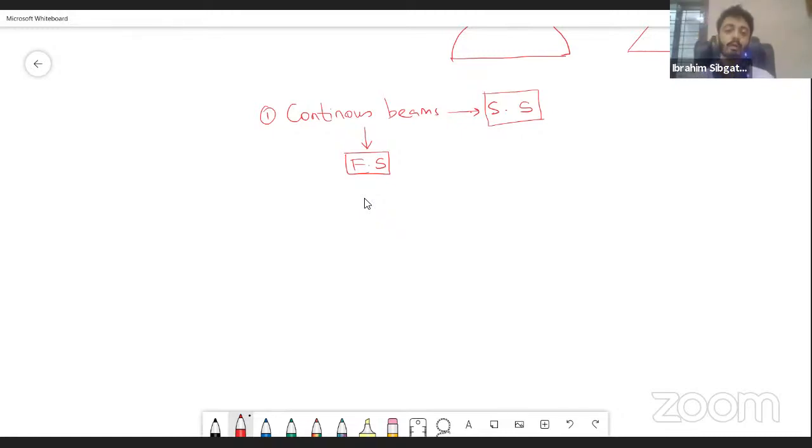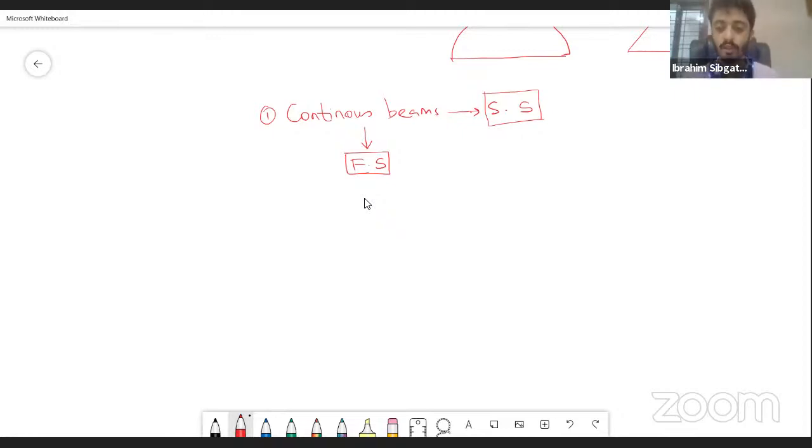And why are we going to calculate the support reactions? Because the question also asks us to find out the shear force. Without understanding what are all the loads which are acting over that beam, we will not be able to find out the shear force.